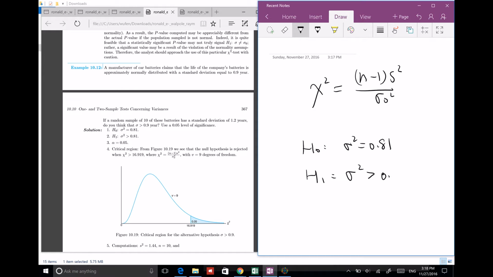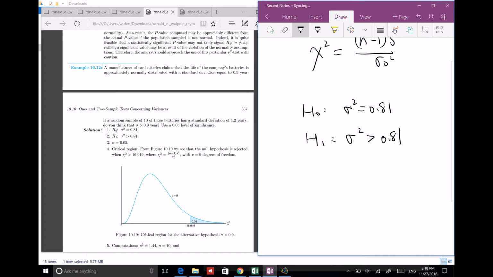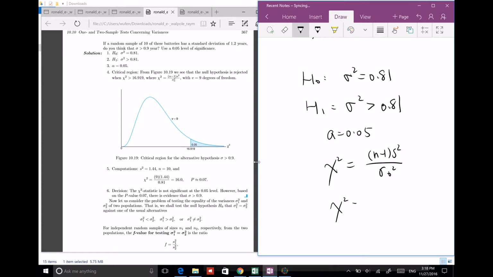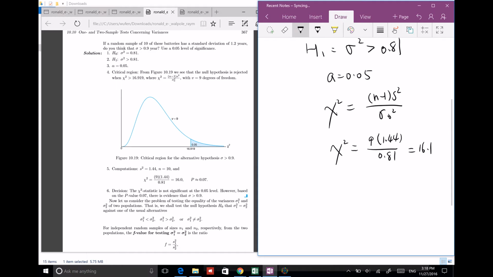So what do we do? Alpha is 0.05. We have chi-square equals (n minus 1) s square over sigma square. Then chi-square equals 9 times 1.44 over 0.81, which is 16.1. The degrees of freedom is 10 minus 1 equals 9. Use the table, with degrees of freedom equal to 9 and chi-square 16.1.